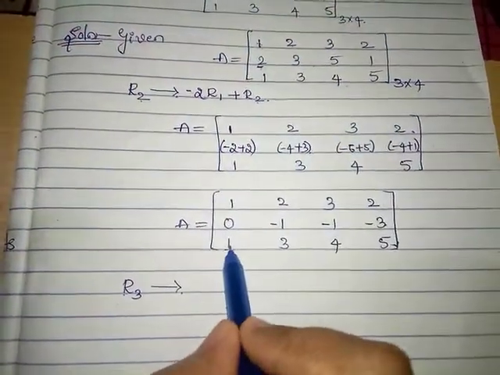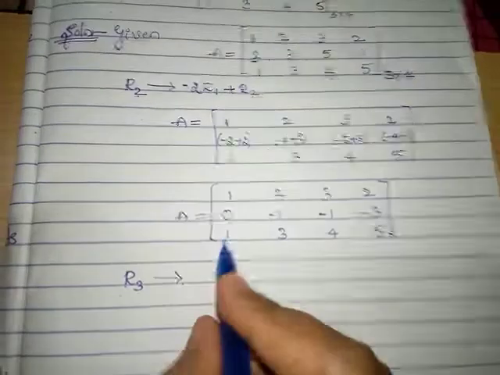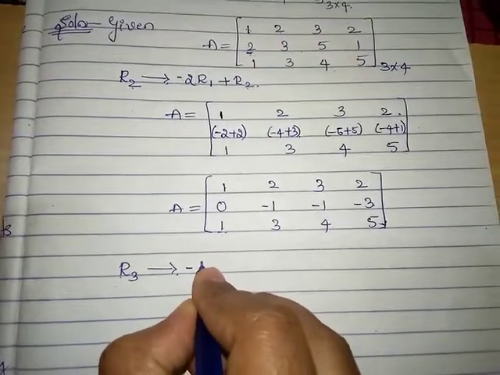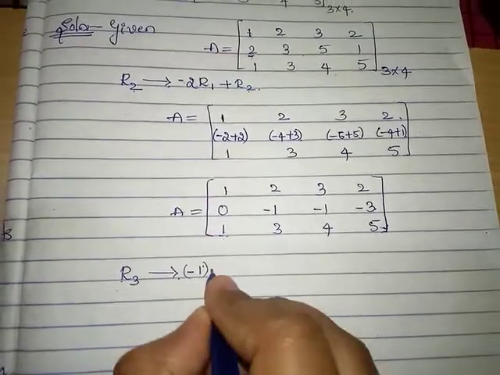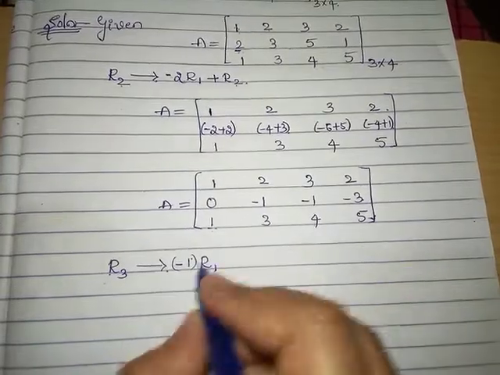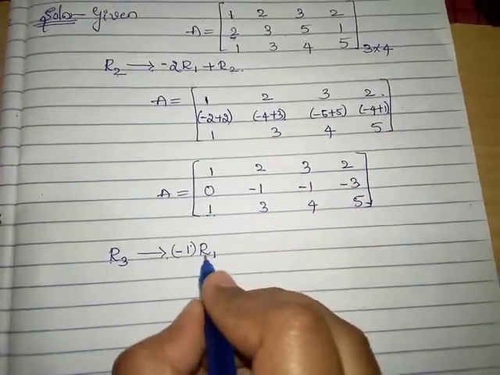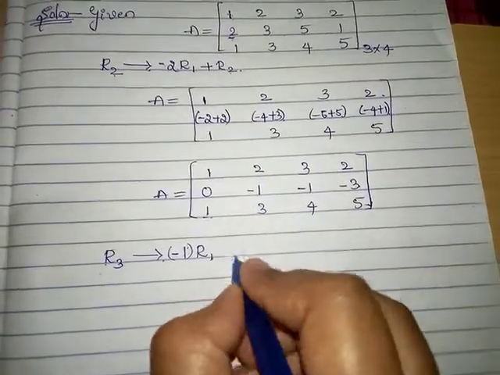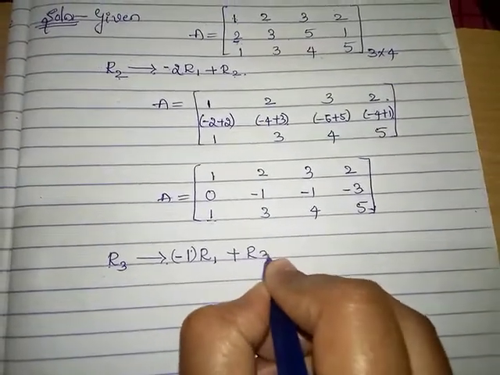But here R3 is also 1, R1 is also 1, so I will take only -1 into R1. Otherwise you can write only minus R1. Not a problem. Just to understand, I am writing this as -1 into R1 plus R3.